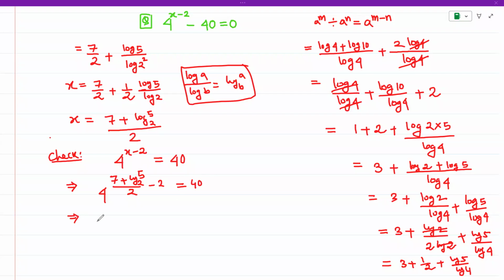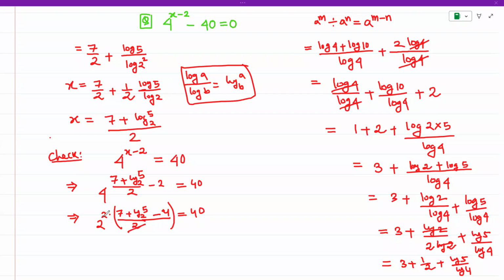So 4, we can write that 2 power of 2 times 7 plus log base 2 of 5 over 2, minus 4 over 2 equal 40.